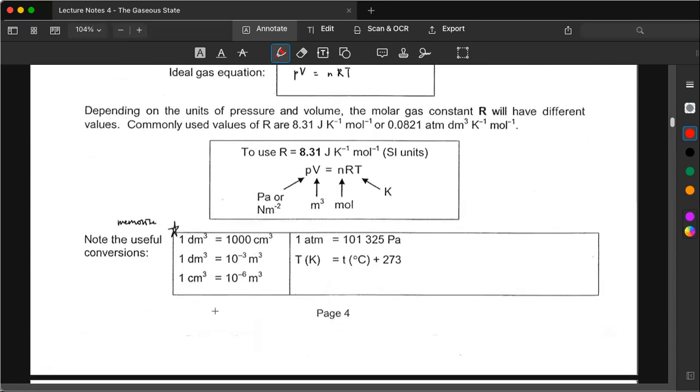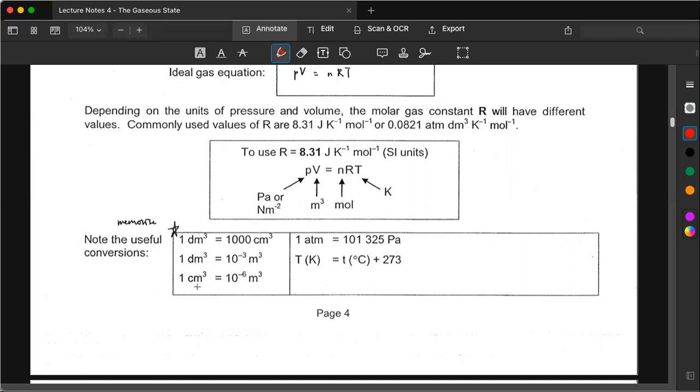It will be very useful to know some conversions, like 1 dm³ is equivalent to 1000 cm³. If you want to convert dm³ to m³, you divide by 1000 to obtain 10 to the power of negative 3, because dm is a smaller unit than meter.